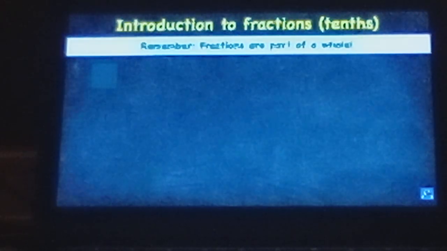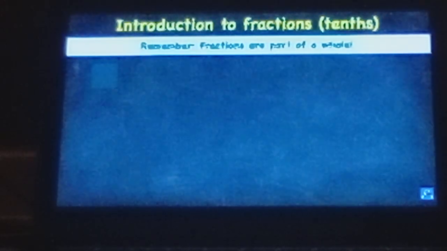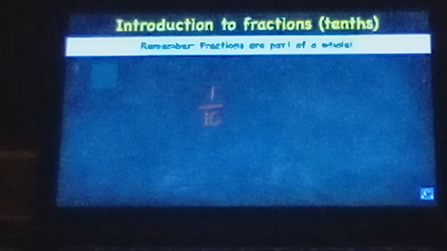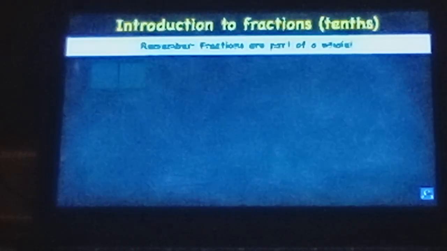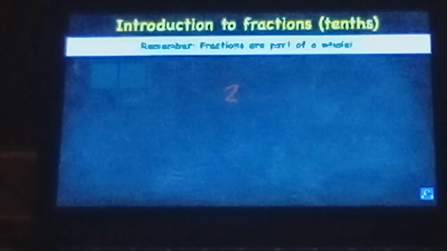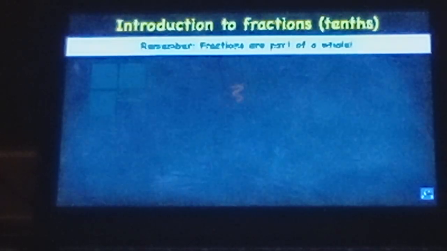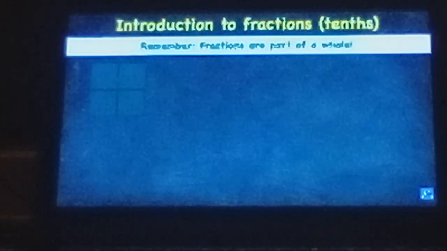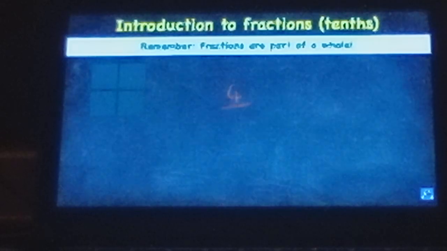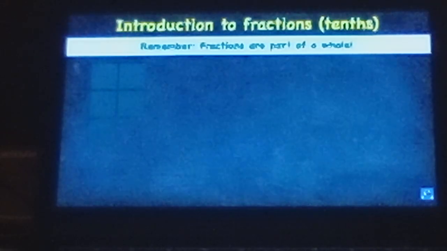So if we were to look at the individual parts, here we can see I have 1/10 of my original chocolate bar. Now I have 2/10, then 3/10, then 4/10, then 5/10.